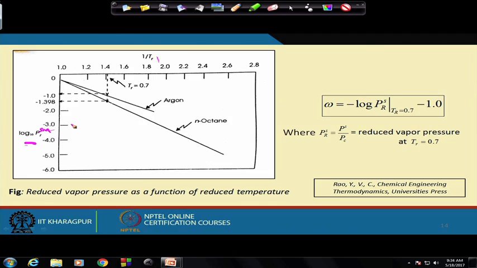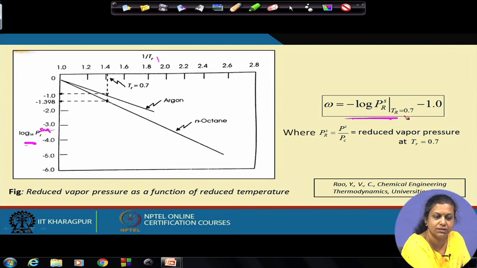Accordingly, they defined omega in the way that I have mentioned here. This was the definition of omega, which gives omega equals minus log 10 PR saturated at TR equals 0.7, minus 1.0. Why? Because for argon this term becomes equal to 1, and therefore omega becomes equal to 0 for argon.